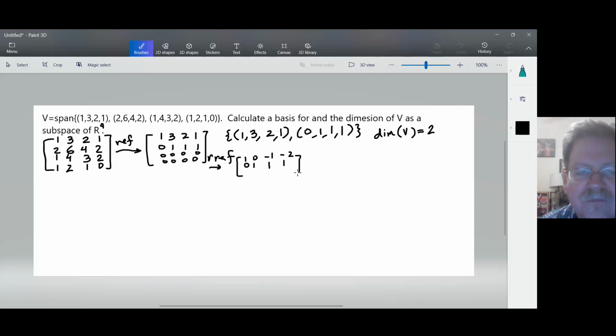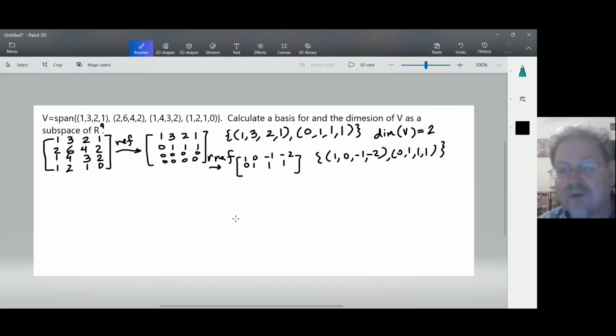And then, of course, the rest of the rows will still be zeros. So another correct answer here would be 1, 0, -1, -2, and the 0, 1, 1, 1 again. Okay, so that's another totally valid answer there.